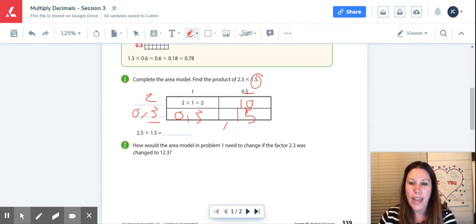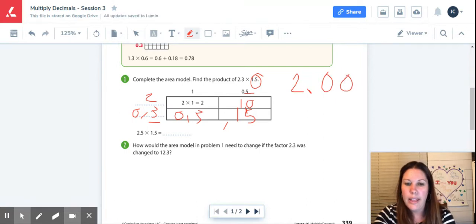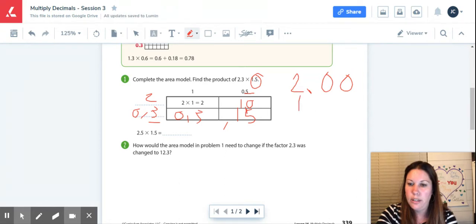Okay, and then if we add everything together, I'm going to add it over here on the side. So we have 2, which means it's 2.00, and then we have 1.0, so 1.00.